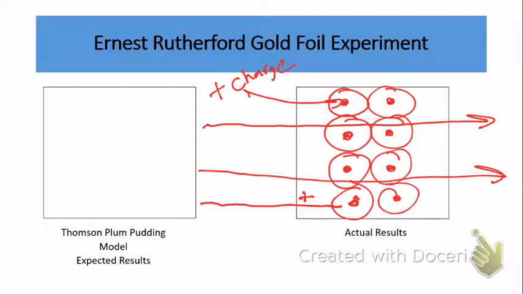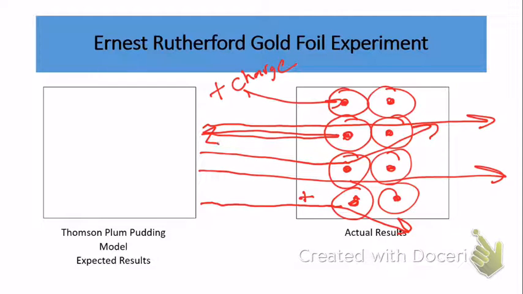And so since those nuclei are so big and so positive, they're going to literally cause the alpha particles to deflect at a different angle. So again, as it gets close, it deflects at a different angle. If they hit almost head on, it's going to cause it to reflect right back.